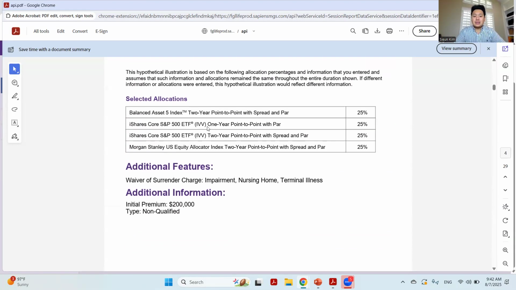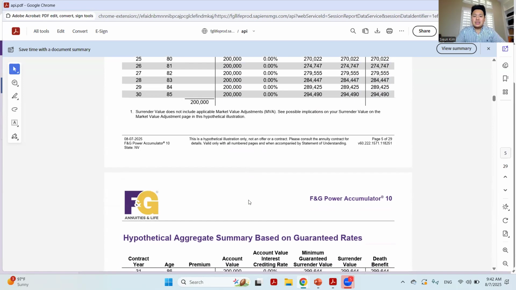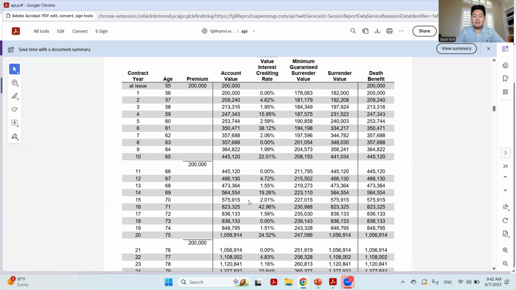So in case the client has one of those impairments, nursing home, or terminal illness situation, it waives the surrender charge and the client can take all the money out. So that is the safety feature on this plan.